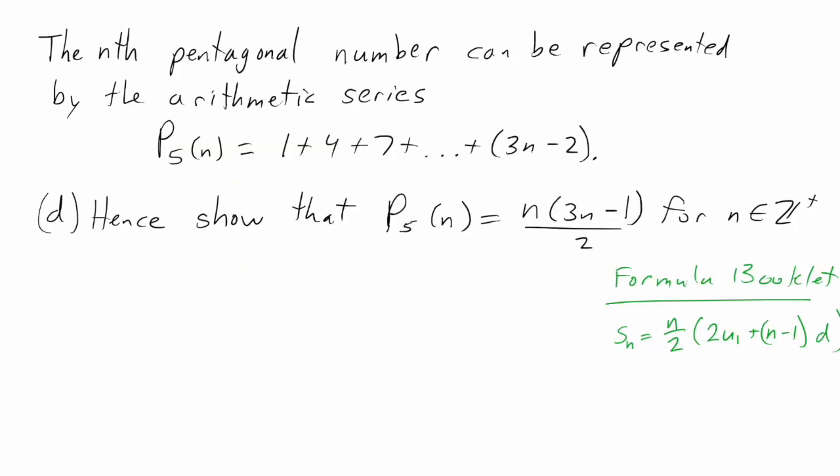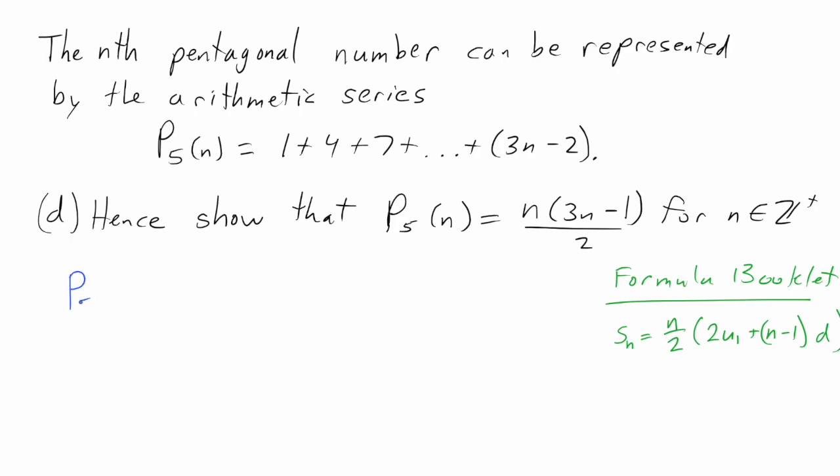In this next part, we have the nth pentagonal number can be represented by this arithmetic series. Hence, show that you can write it as n times 3n minus 1 over 2. So we can just use the formula from the formula booklet for the sum of an arithmetic series.